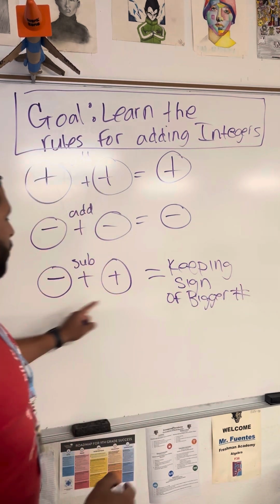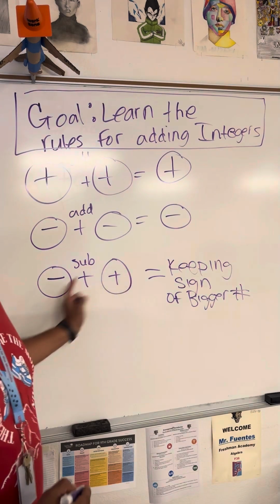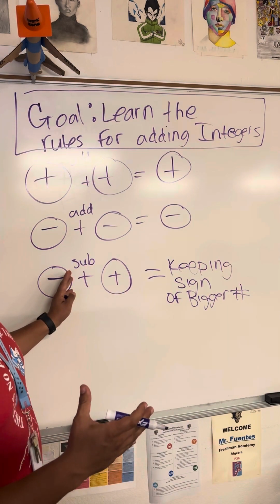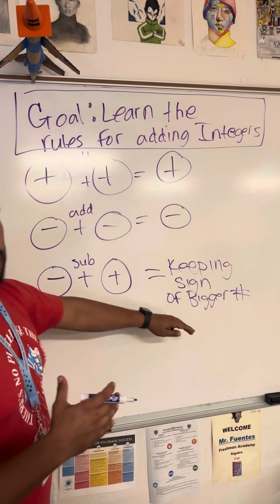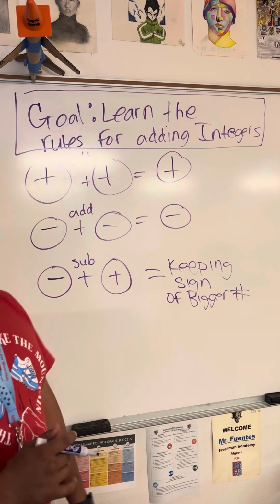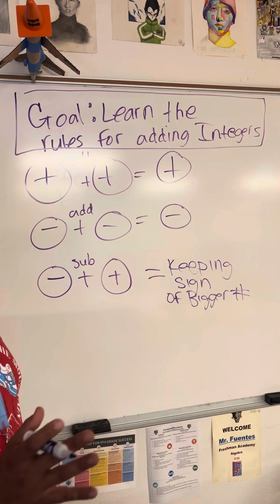So whichever number has a larger absolute value, meaning the bigger number, that is the one that you keep the sign of. All right, so let's do some quick examples here.